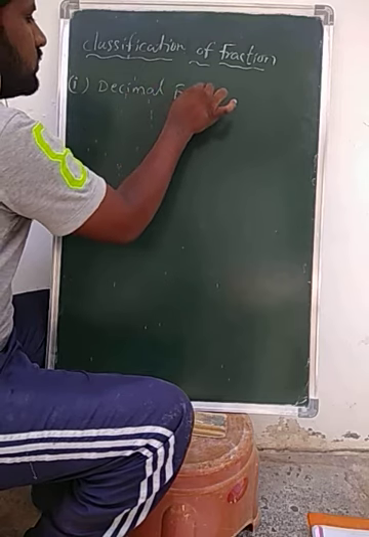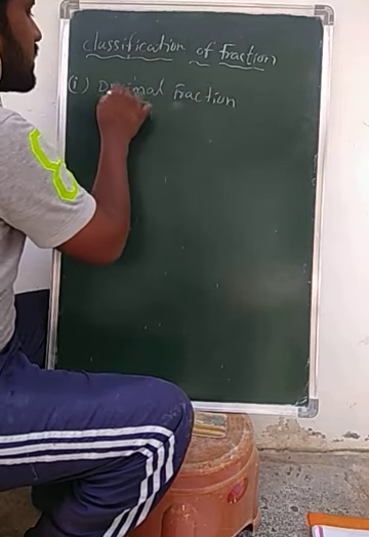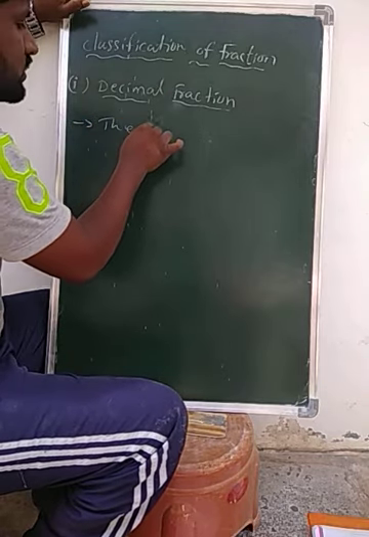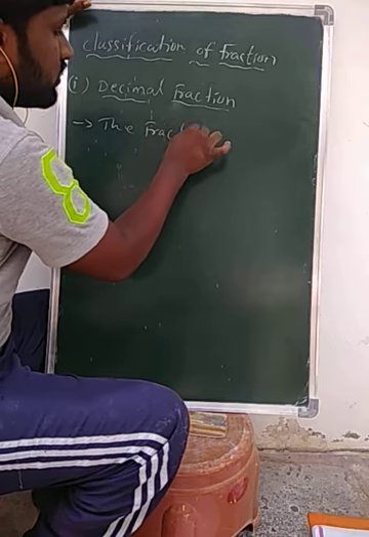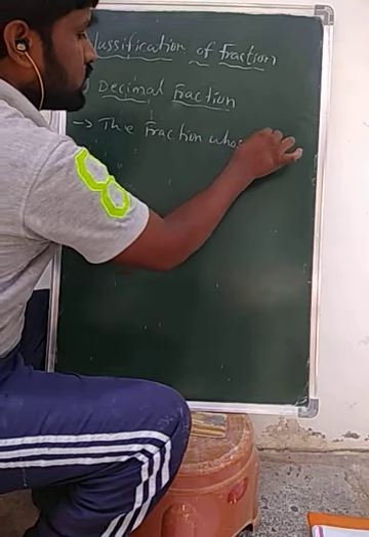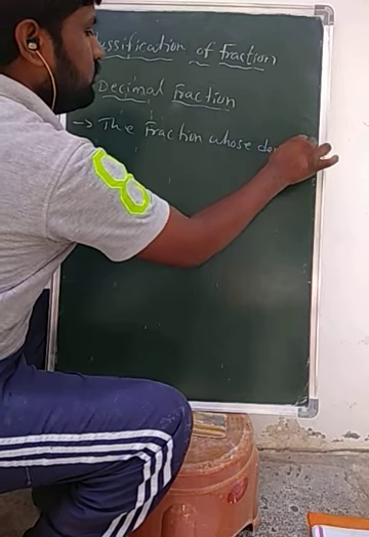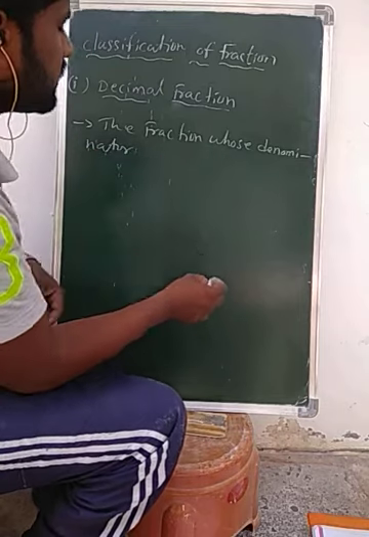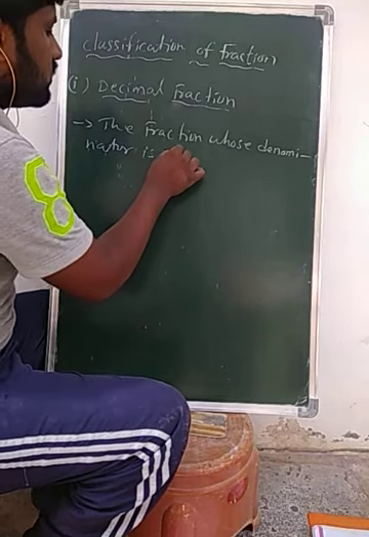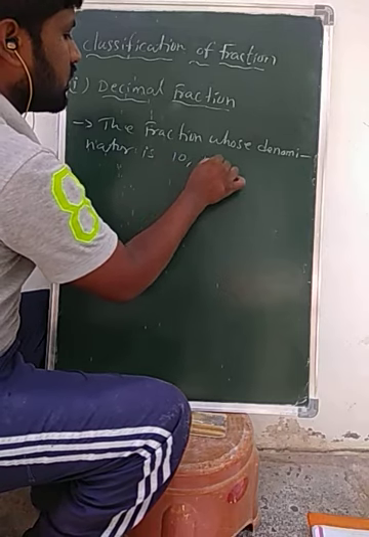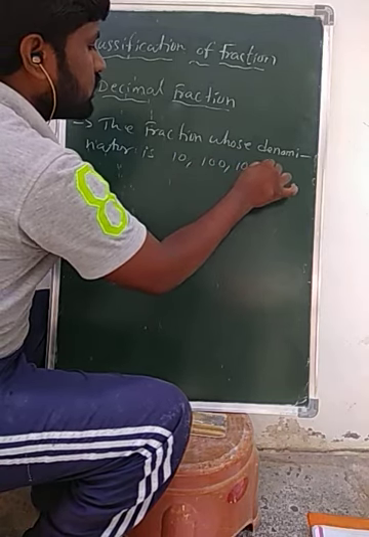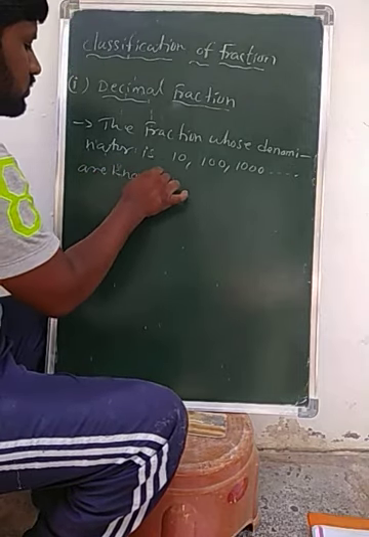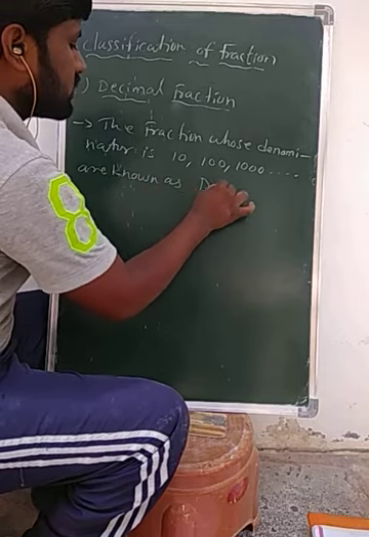What is a decimal fraction? A decimal fraction means the fraction whose denominator is 10, 100, 1000 and so on are known as decimal fractions.